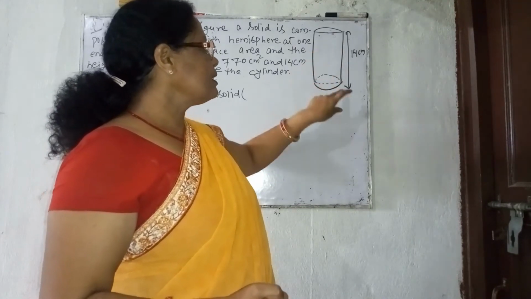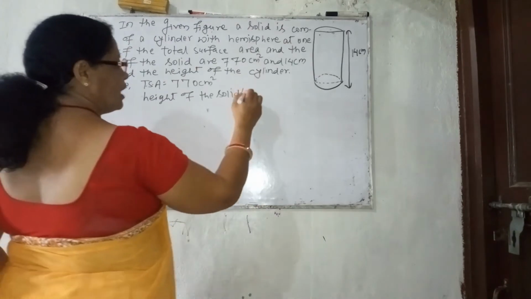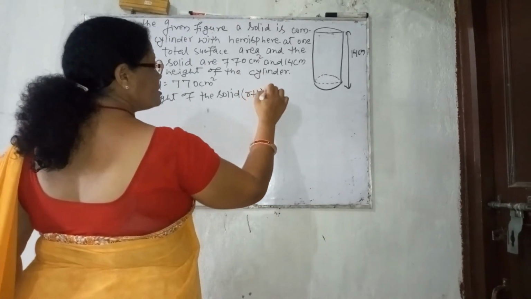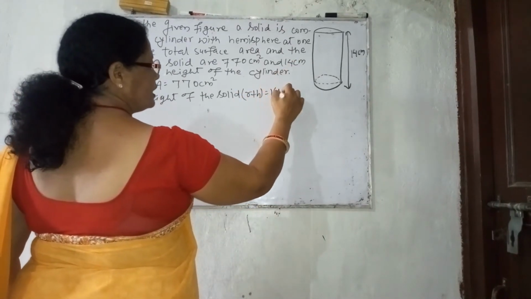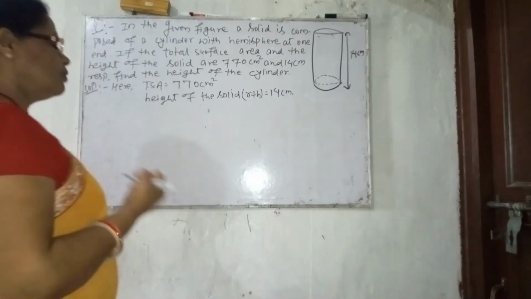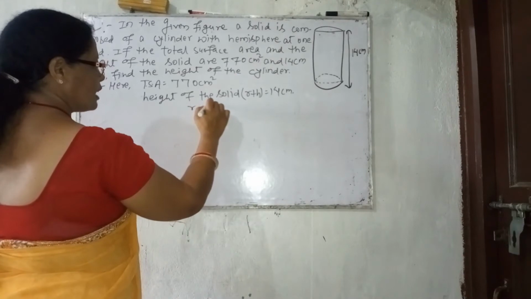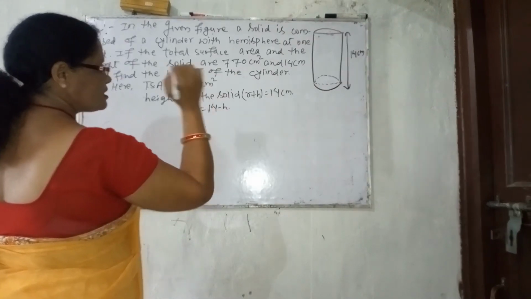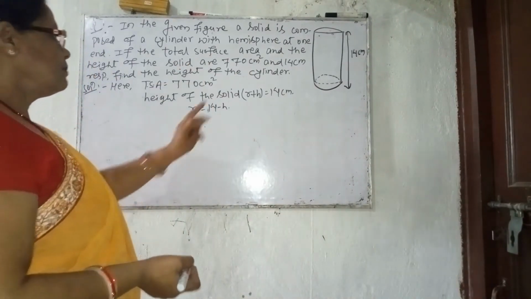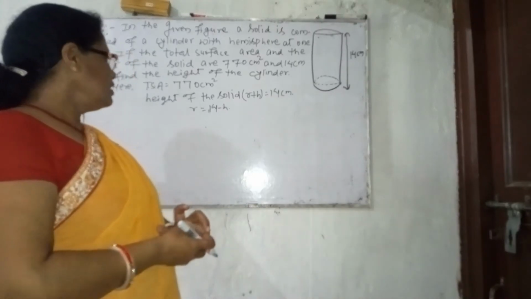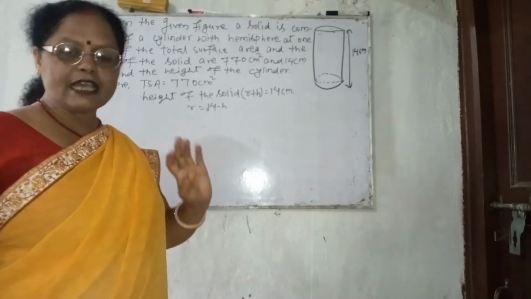So R plus H equals 14 centimeter. Now R plus H equals 14, so R equals 14 minus H.